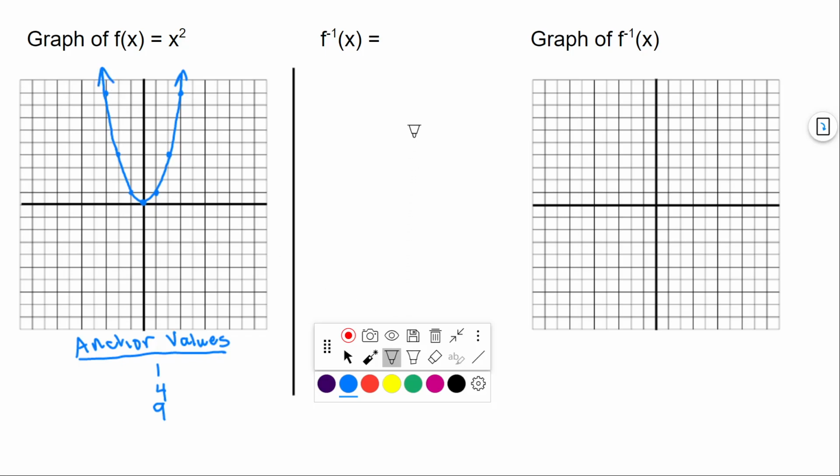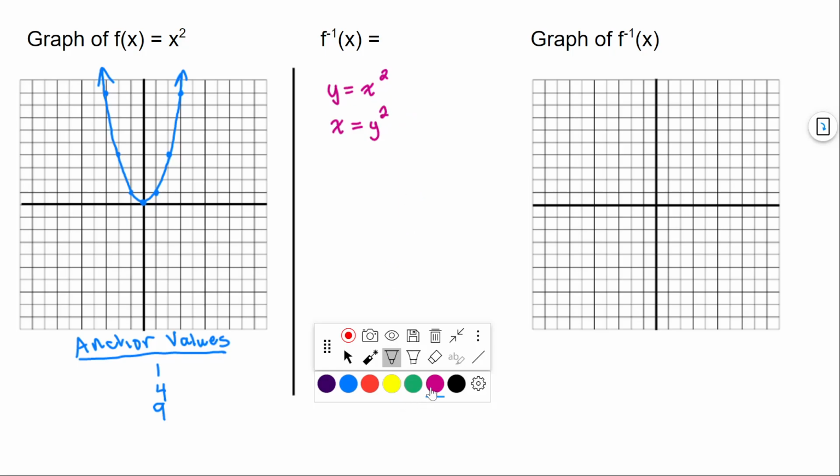Now, let's take what we know about finding inverses and find the inverse function for the parent function. So to begin with, I'm going to replace f of x with y. And then we know with inverses, the input and output switch places. So I'm going to switch the x and the y to have x equals y squared.